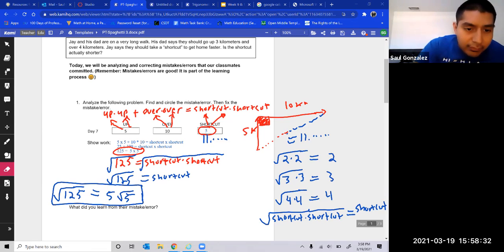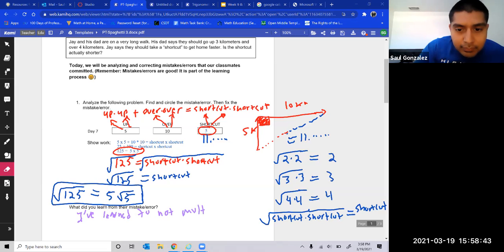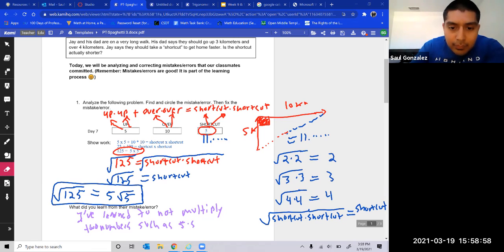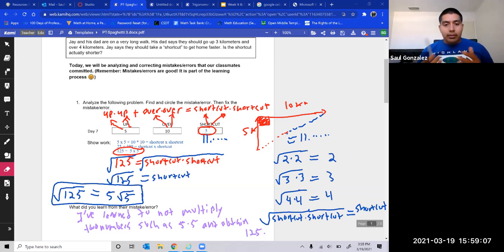So I can say that I've learned to not multiply two numbers such as 5 multiplied by 5 and obtain 125. Sometimes we might think to ourselves, well, let me multiply these two numbers and let's see what I get. And sometimes it's just an arithmetic error.